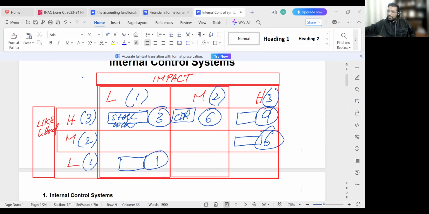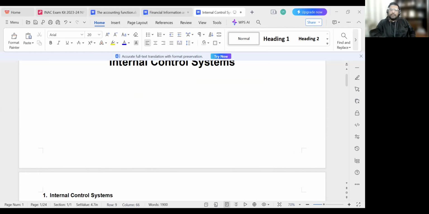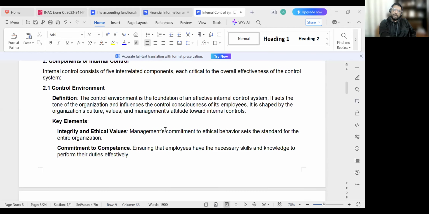This is the one which has first priority, because it has a score of 9. Then these two risks come, they have second priority. And then you have this one with third priority, and this is the fourth priority. That's how you decide the priorities for different risks. Okay.